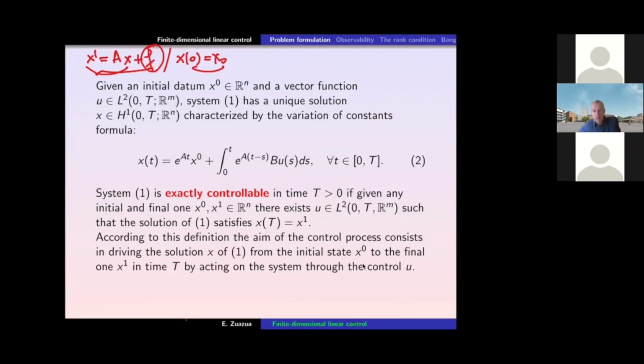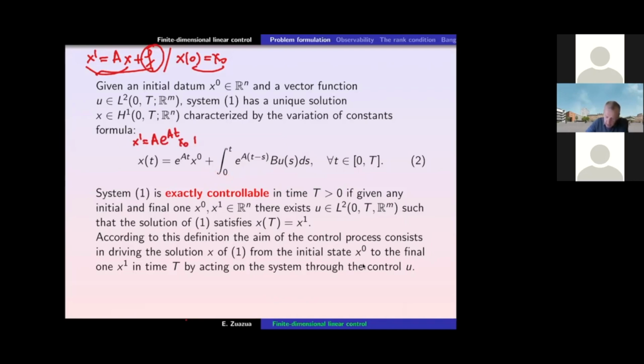That's it. You can check here very easily that if you compute the time derivative of x, when I compute the time derivative of exponential tA, I get an A. On the other hand, when I compute the time derivative here, I will have the time derivative with respect to the extreme of integration.